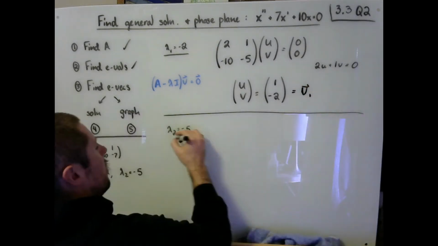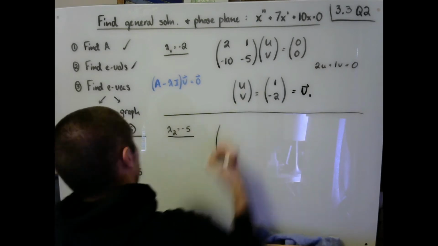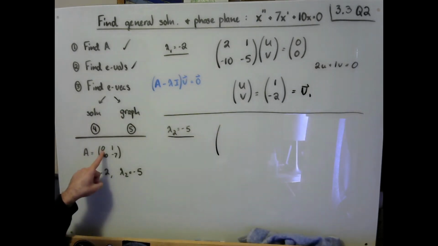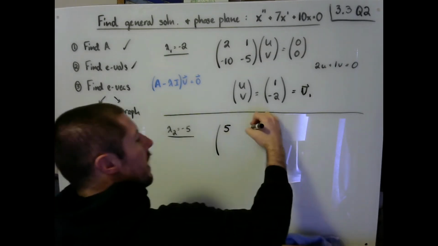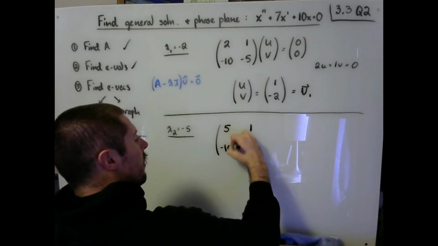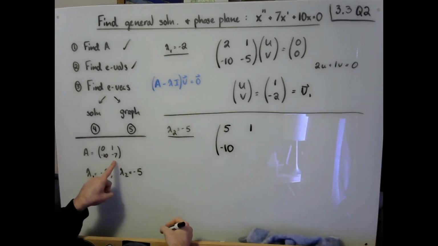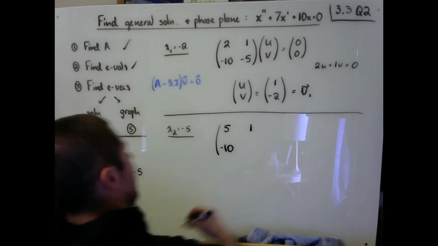Finding V2, we can do the same thing. 0 minus -5 is +5. Off diagonals remain. -7 minus -5 is -2.